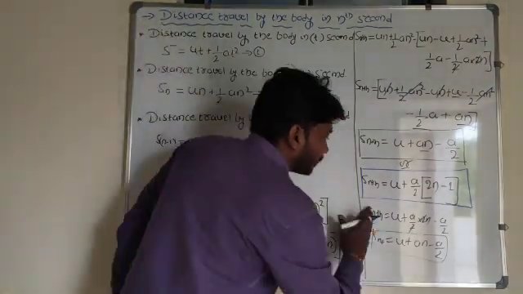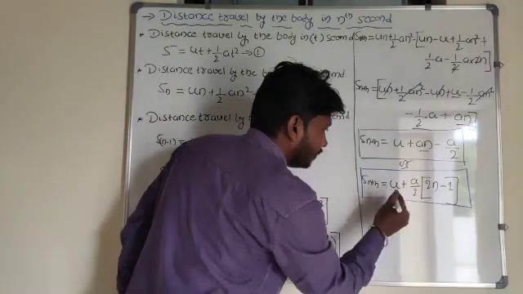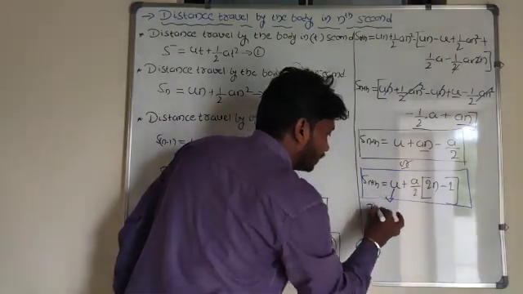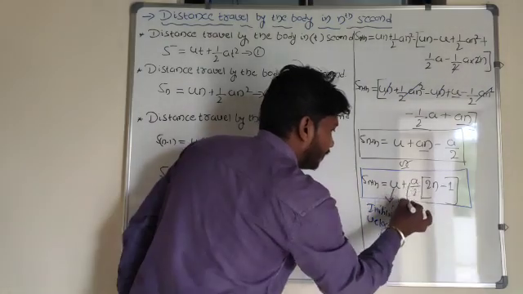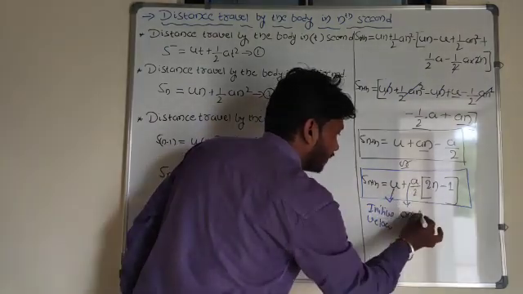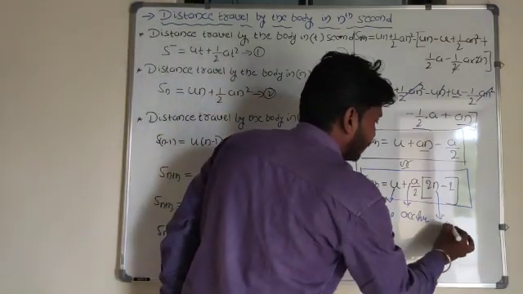So look here, where u represents the initial velocity, a represents the acceleration, and n represents the time here.